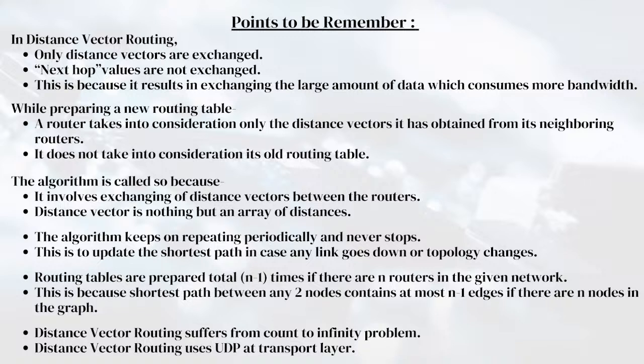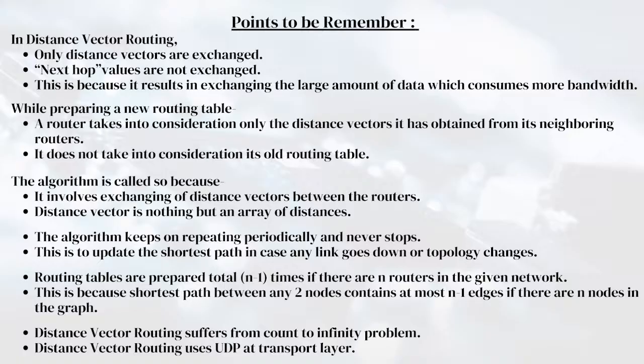This algorithm is called so because it involves exchanging of distance vectors between the routers. A distance vector is nothing but an array of distances. The algorithm keeps on repeating periodically and never stops. This is to update the shortest path in case any link goes down or the topology changes.